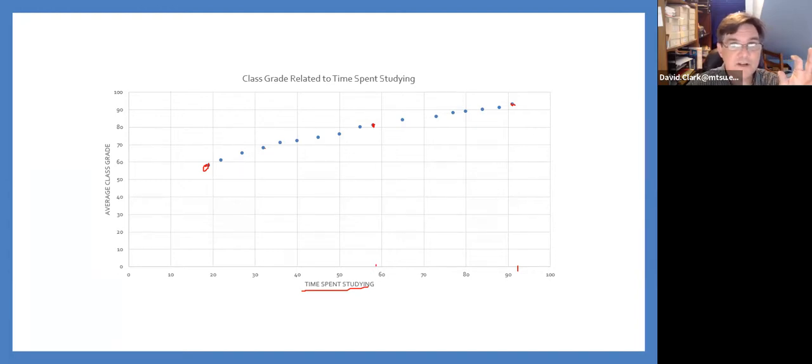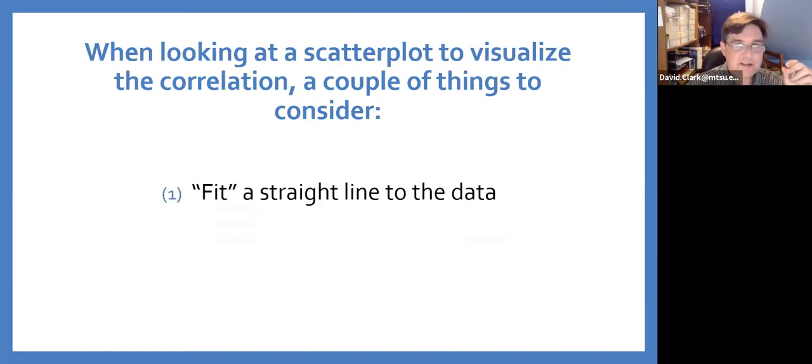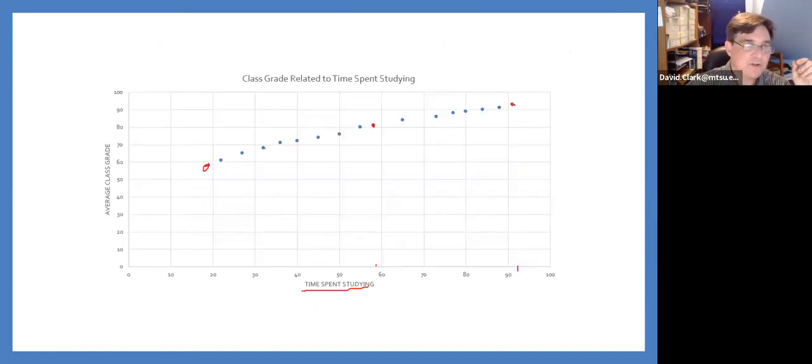Now, you're hanging out at the bottom of page 1, just chill. When you look at a scatter plot, you try and fit a straight line to that data. For example, right here, your straight line would be the best fitted line.